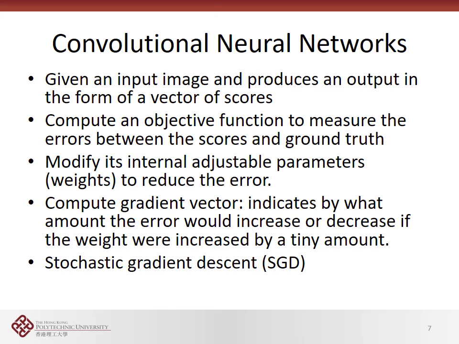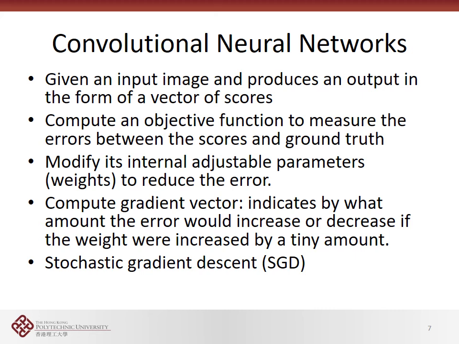To achieve this, we should calculate an objective function to measure the errors between the scores and the ground truths. During the training procedure, we should modify its internal adjustable parameters, also called weights, to reduce the errors between the scores and the ground truths. Then we compute the gradient vector, which indicates by what amount the error would increase or decrease if the weight were increased by a tiny amount.